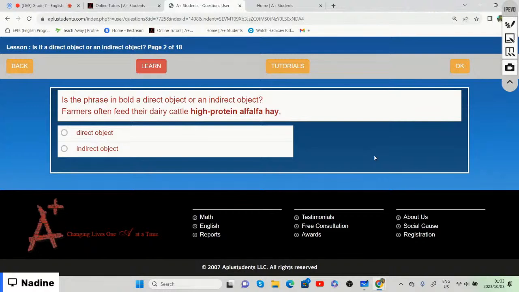Farmers often feed their dairy cattle high protein alfalfa hay. We need to say if that is a direct object or indirect object. High protein alfalfa hay. Is that a direct object or indirect object?